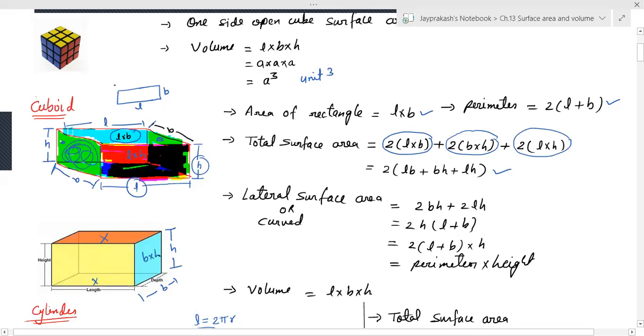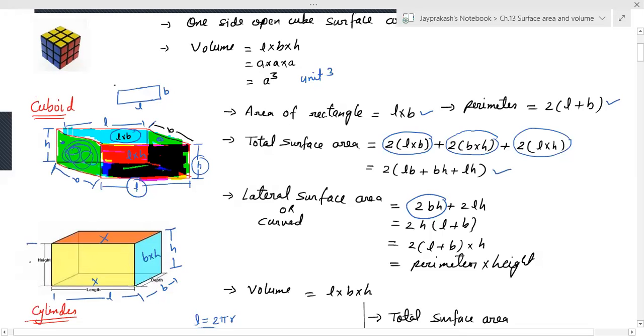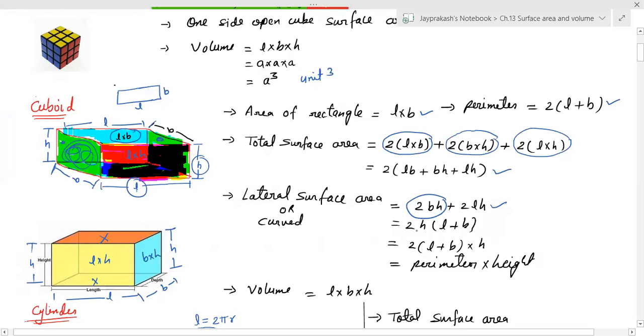So B into H. Now there is 2B into H. Then the front view, this yellow portion, this one will be L and this one will be height. So L into H. So that's why we are using twice L into H. Now 2H is common, L plus B.